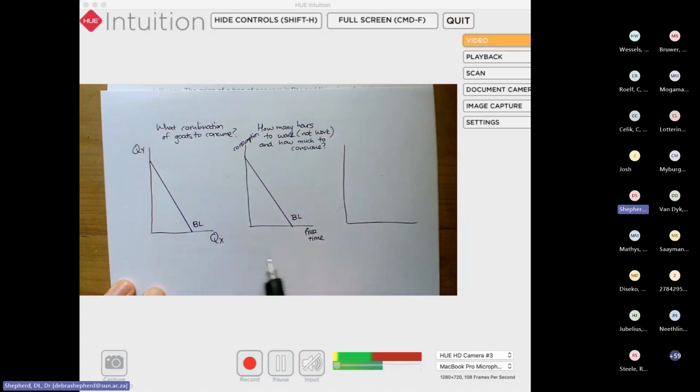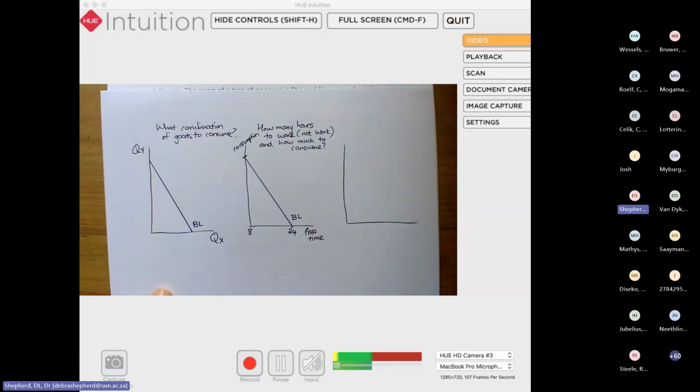In this problem with free time and consumption, we say that the maximum amount of free time that you can consume is 24 hours a day. And the minimum we usually set at 8. Okay, so you can only at most spend all hours of the day in free time, but at minimum you can spend 8. That's basically sleeping, resting.